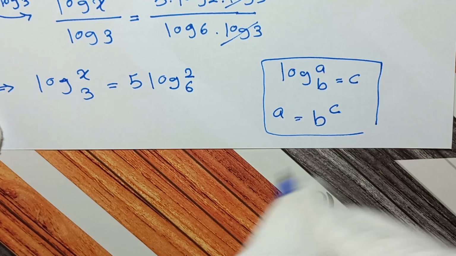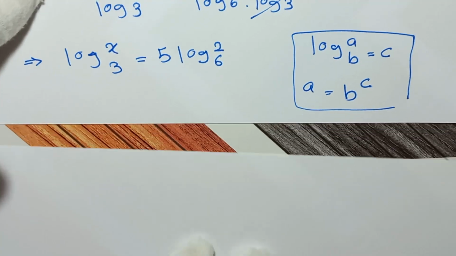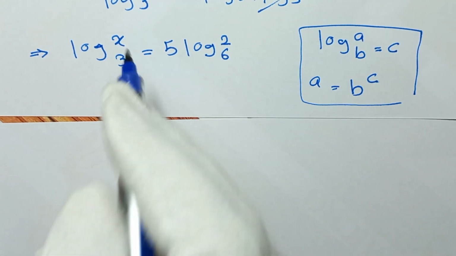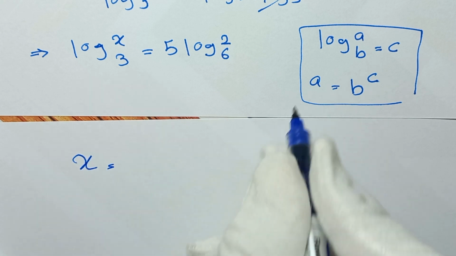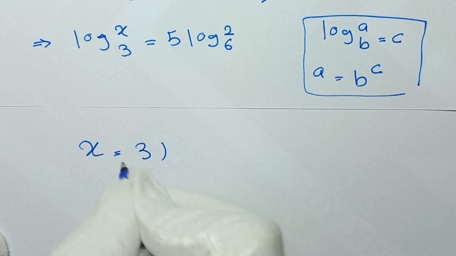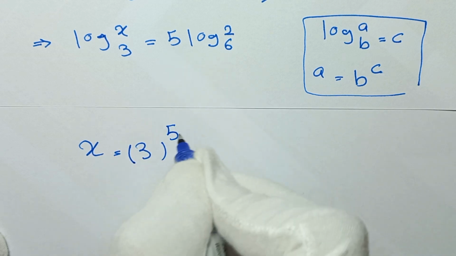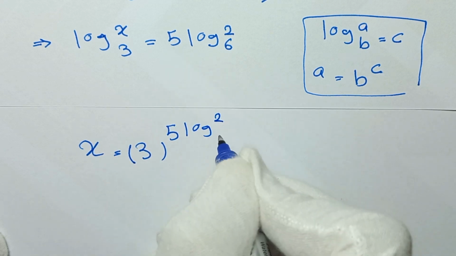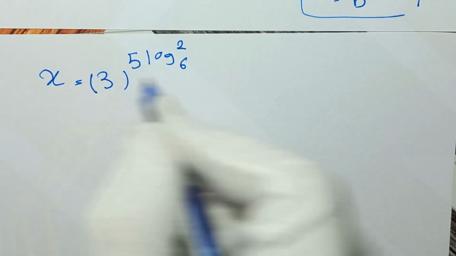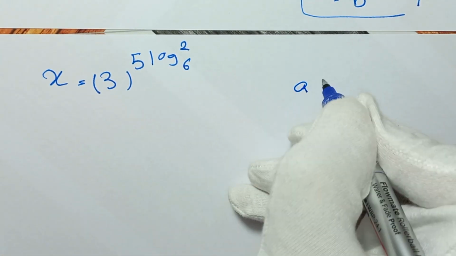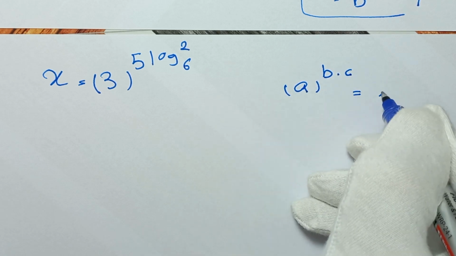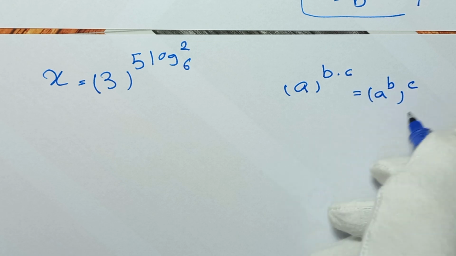So from this formula, a is x, so x is equal to b to the power of c. b is 3, and c is 5 log 2 to base 6, right? And from the exponential rule, if we have a to the power of b times c, we can write this as a to the power of b, to the power of c, right?